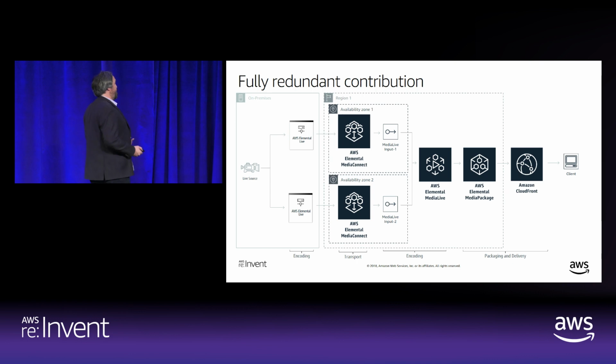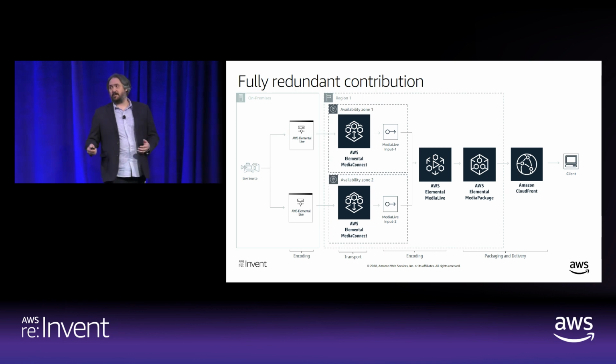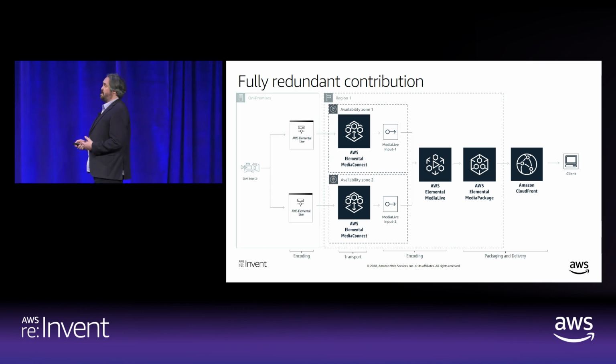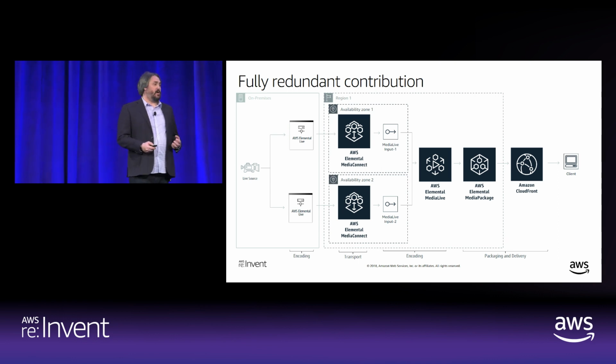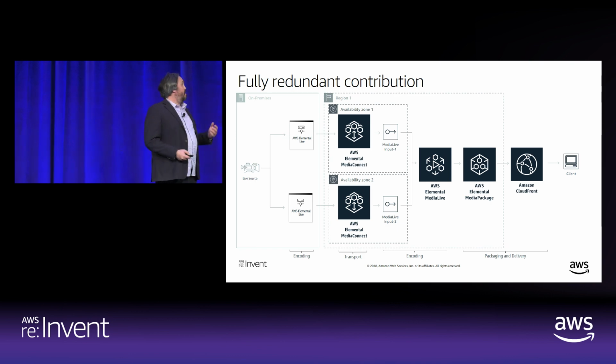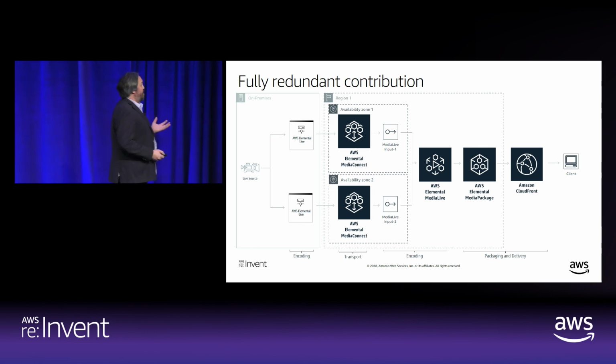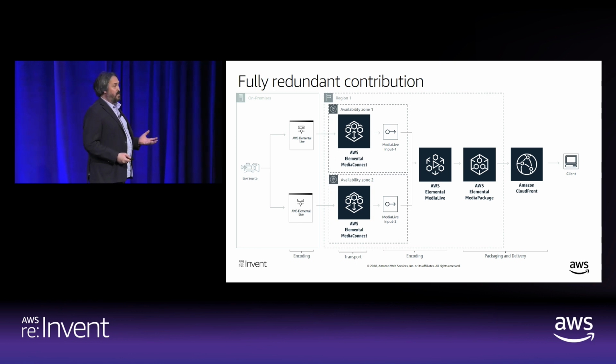So slightly more complicated, because this comes up a lot. So what about redundancy? What does MediaConnect do for redundancy? And the answer is that we don't enforce a redundancy model on our customers at all. It's entirely up to you to set up a redundancy model based on your own tolerance for risk and budget. So in this case, we've taken a fairly, I would say, quite a strong redundancy model.